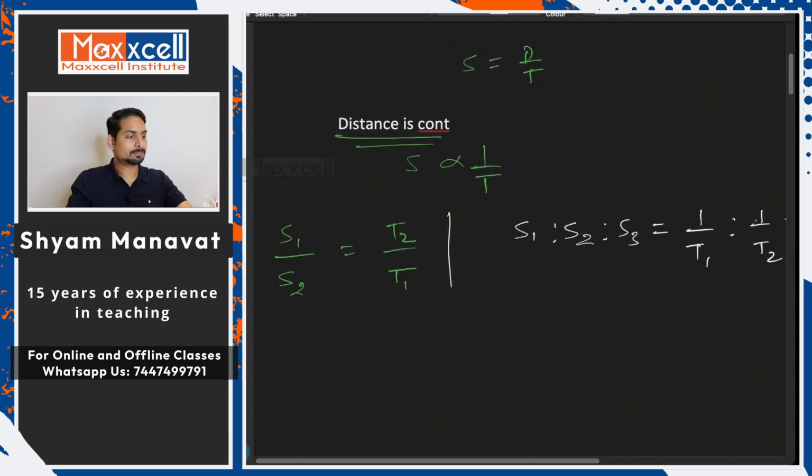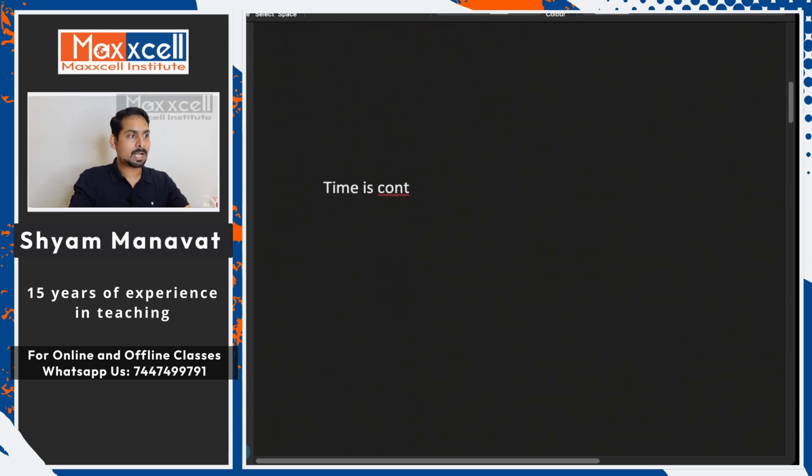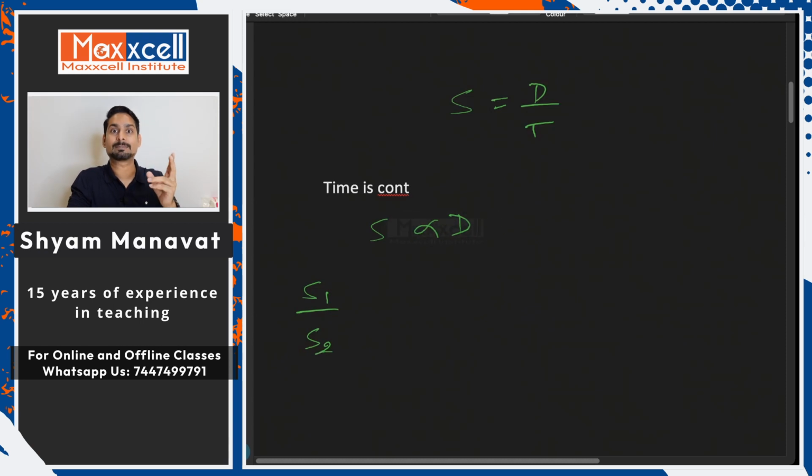Now in continuation, if time is constant, speed equals distance upon time. If time is constant, then we say distance is directly proportional to speed. It means S1 by S2, speed of first by speed of second, equals D1 by D2.